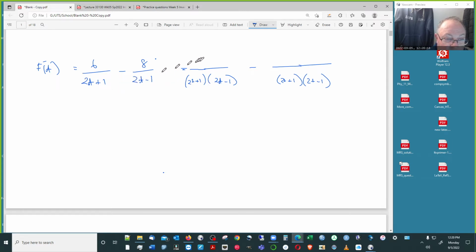You multiplied by this, so what you do to the bottom, you do to the top. And it was 6 outside of 2t minus 1. And what you do to the bottom, you do to the top. So it'll be minus 8 outside of 2t plus 1. Okay, now you can write it as a family. 6 times (2t minus 1) minus 8 times (2t plus 1) over the same family.